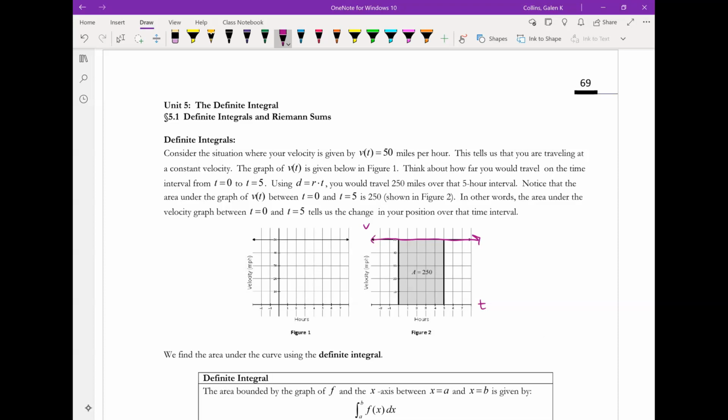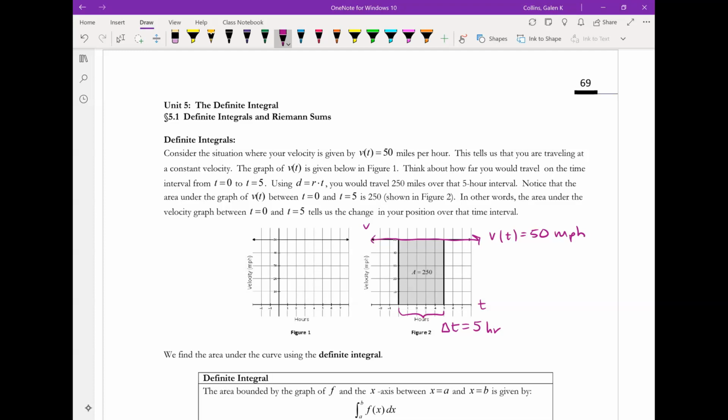And if we travel at this velocity from 0 to 5 hours, our delta t, or change in time, would be 5 hours. And we know that this line up here, v of t, would equal 50 miles per hour.